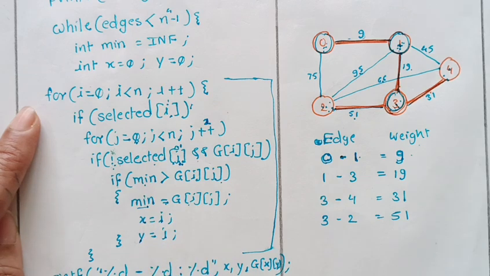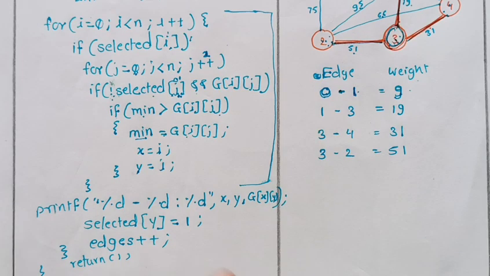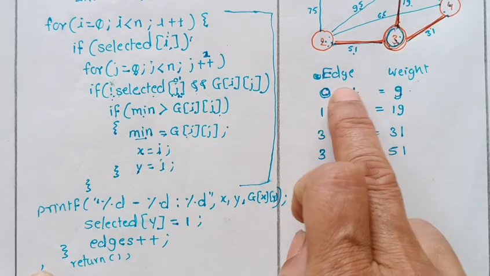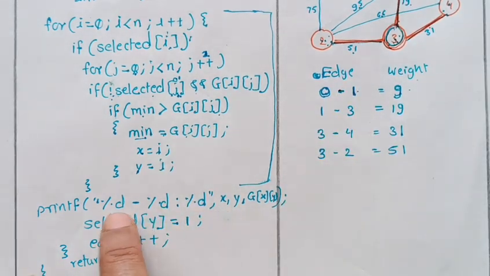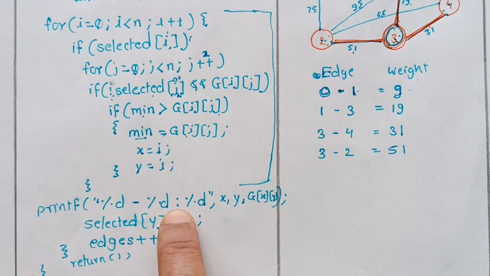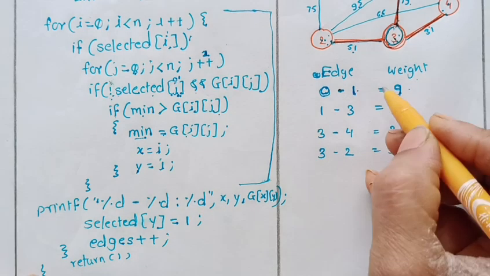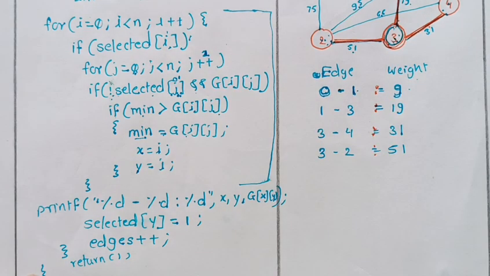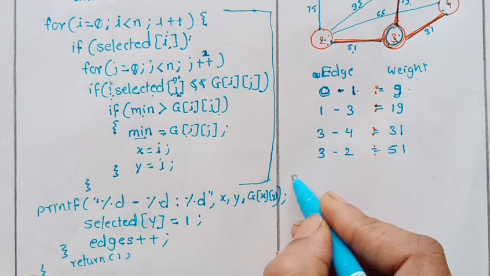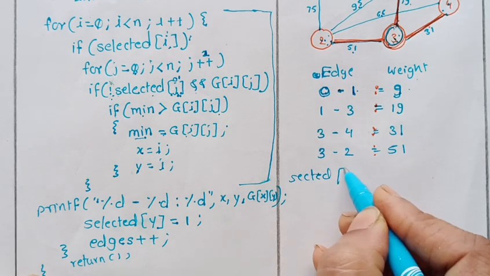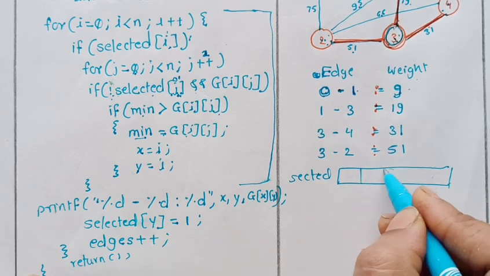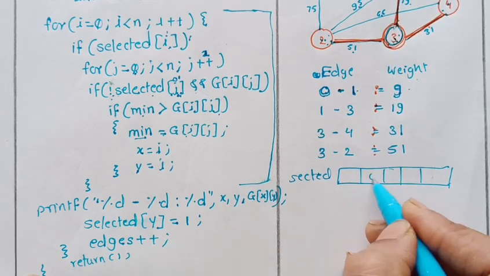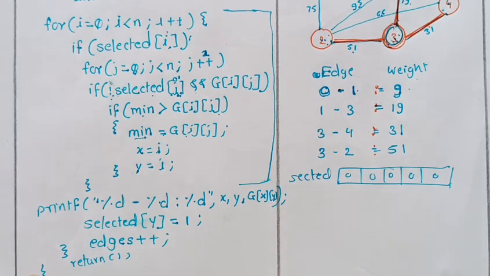Getting it? So here we are printing the output. To print like this output, use percentage d hyphen percentage d colon and percentage d. The colon comes here, and whatever you want you can give there. And selected of y we put 1. Suppose the selected array has 5 nodes, previously all were 0.